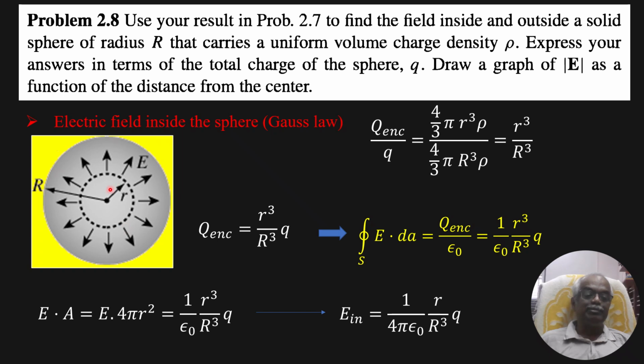Let us say inside the sphere we take a sphere of radius small r, and the total radius of the sphere is capital R. Then the charge enclosed by the sphere of radius small r is the given volume charge density rho multiplied by the volume, which is 4/3 pi r cubed rho.